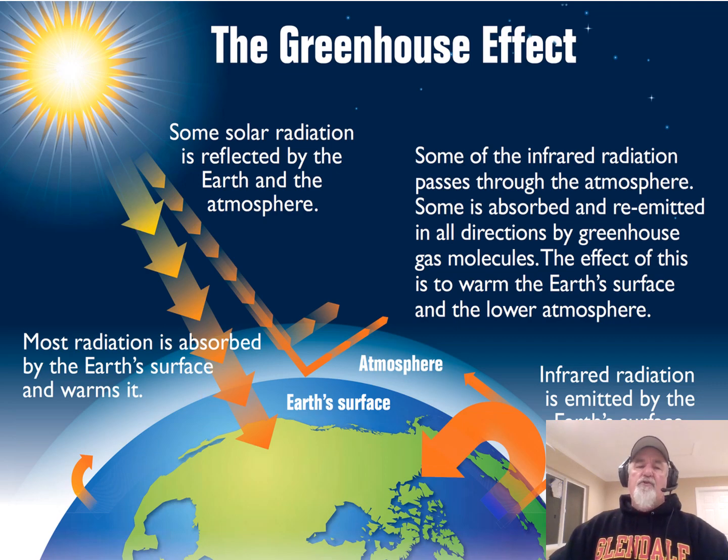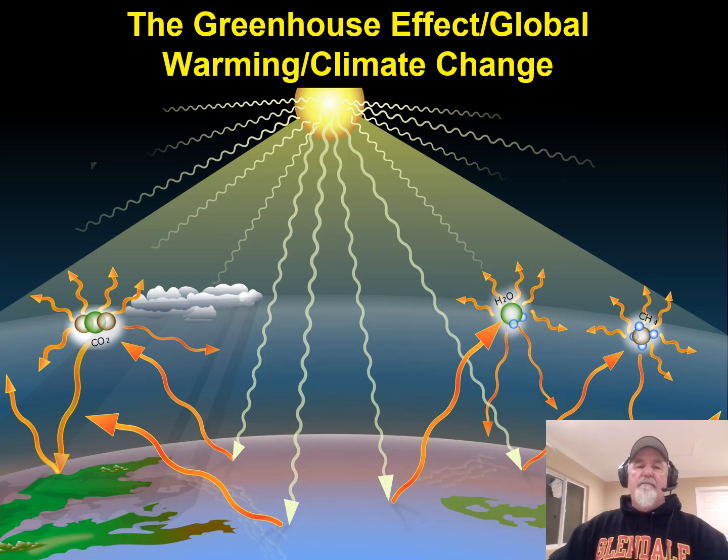So short wavelengths coming down from the sun can make their way through the atmosphere, not a problem. The Earth is going to absorb almost half of that at its surface, about 46% of the incoming solar radiation that emanated from the sun and got to the top of our atmosphere will actually get absorbed at the surface of the Earth.